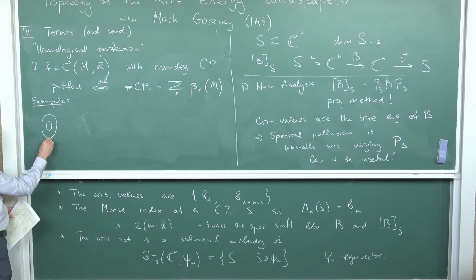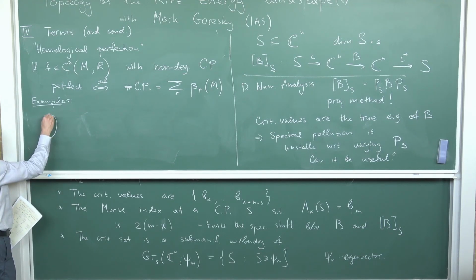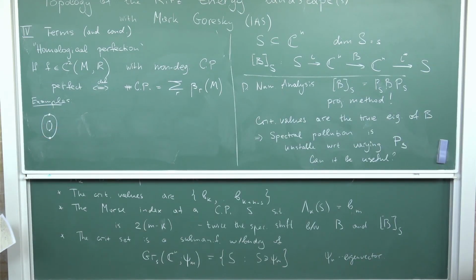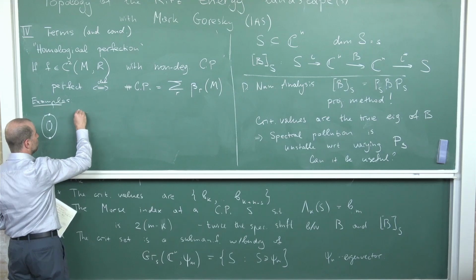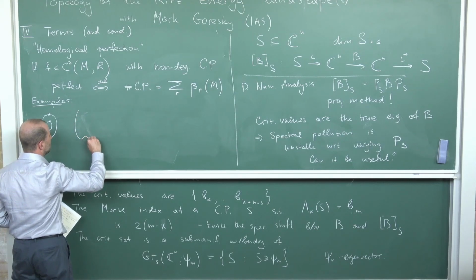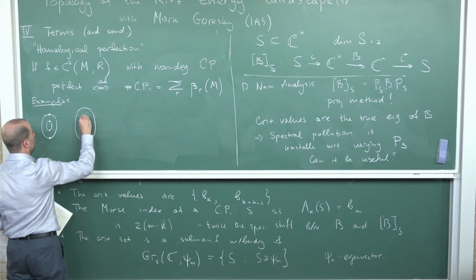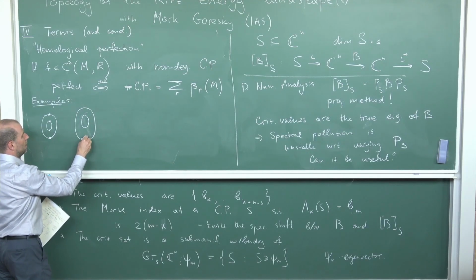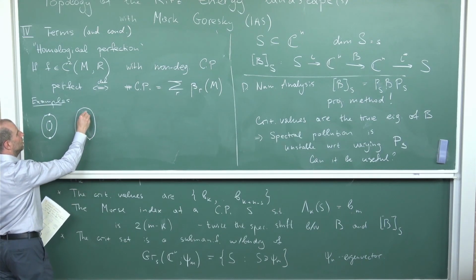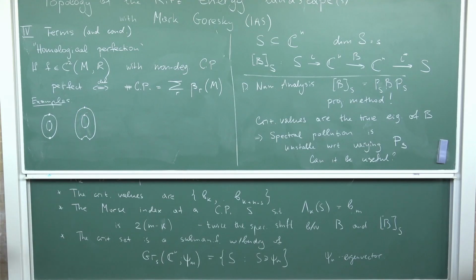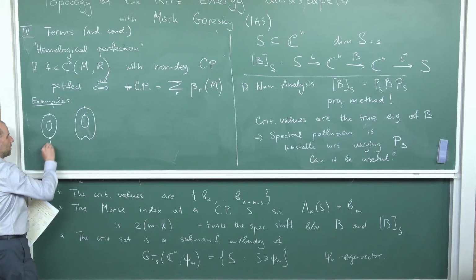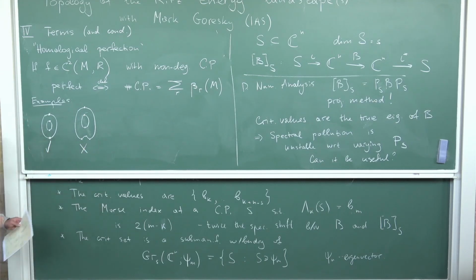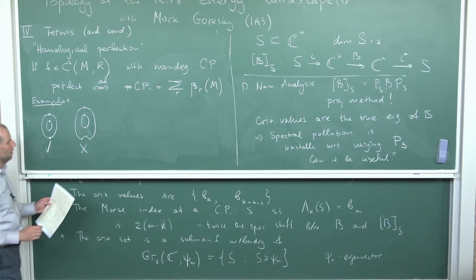So this is the minimum, and this is the maximum, and there are also two saddle points here. Versus a topologically the same torus, but the height function is different because now I have two saddle points and still one, sorry, two minima and still one maximum. So this is perfect. This is not a perfect Morse function.